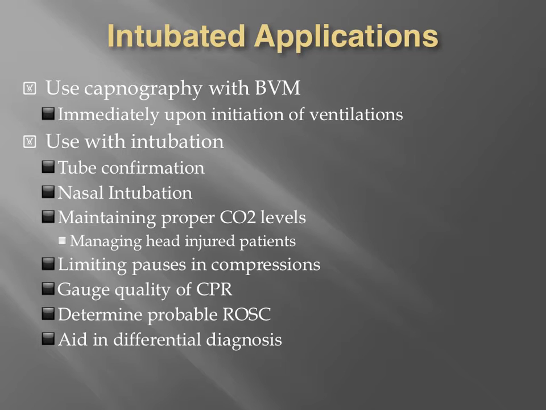Maintaining proper carbon dioxide levels. If we're managing head injured patients, we know that hypocarbia is a very big enemy for them. In some cases you may need to control ventilations in one direction or the other for certain types of ICP.